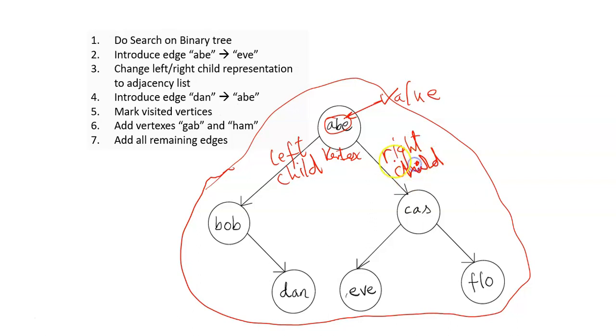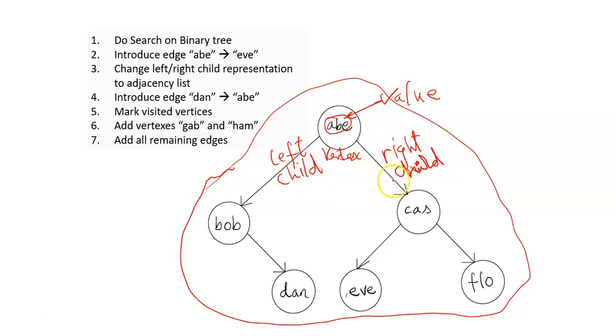I know it's conventional if we are representing binary trees that we can also have a pointer to the parent node, okay? But for the purposes of this exercise, we don't need that.